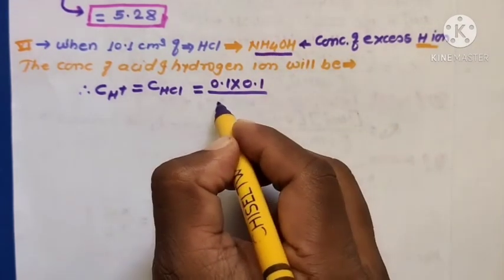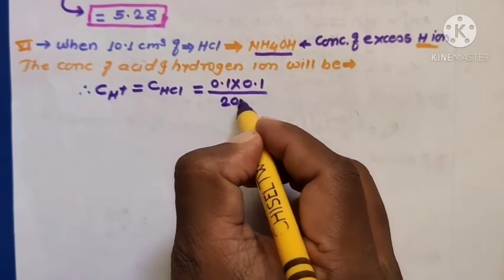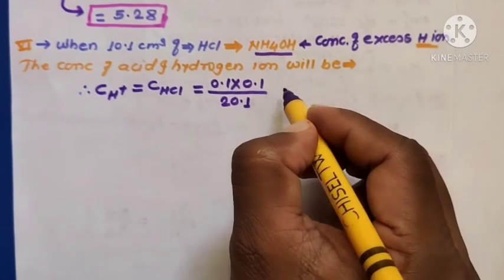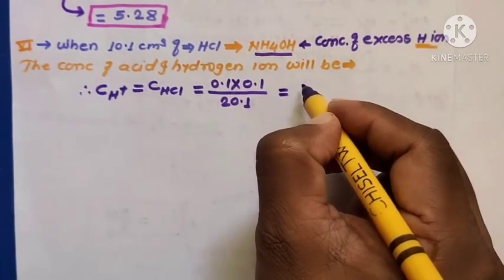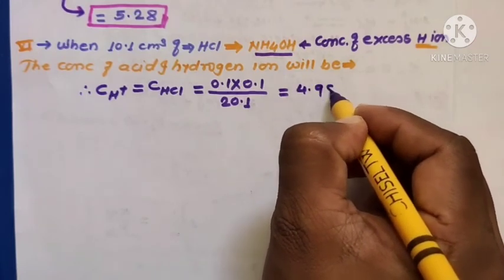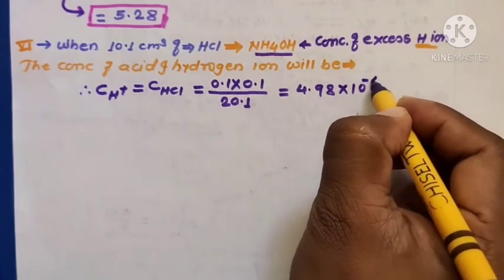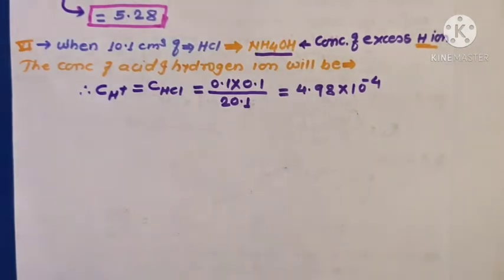Therefore the total volume will be 20.1, and we get 4.98 into 10 raised to minus 4.